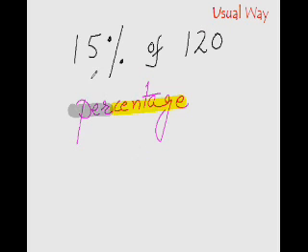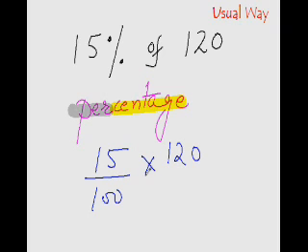So in order to find 15% of 120, all you need to do is write 15 over 100, isn't it? 15 out of 100 times 120. Now just simplify it, cancel out this 0 and this 0. Now you have to find what is 15 times 12. Either you can do it directly, because 15 times 12 is 180, or you can use the faster technique here.